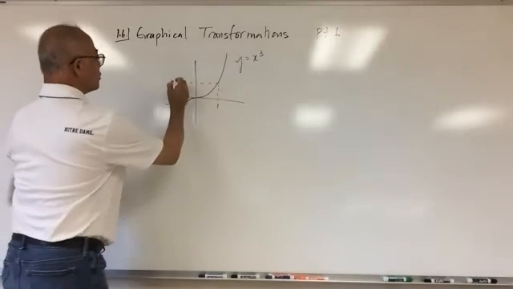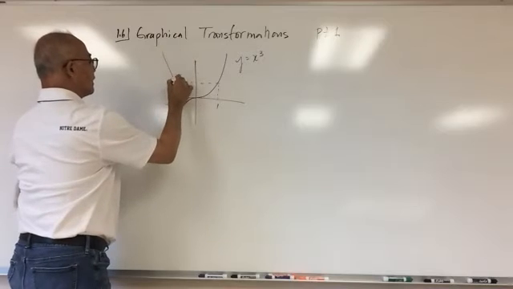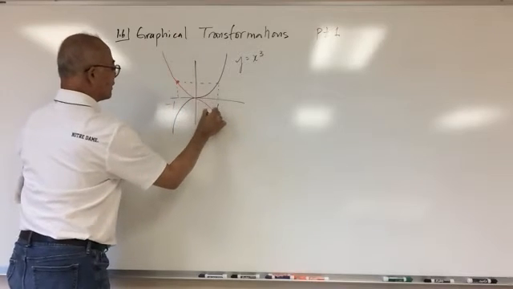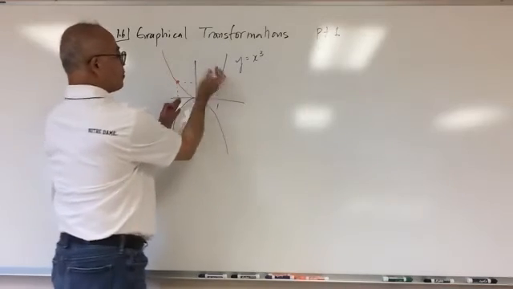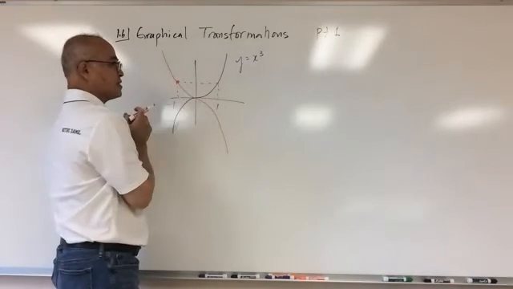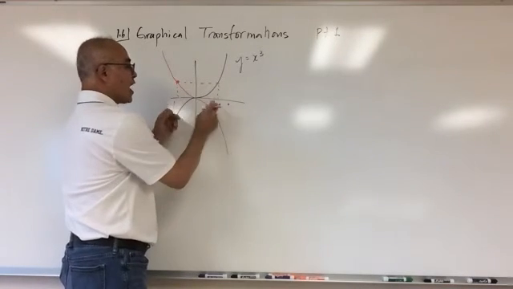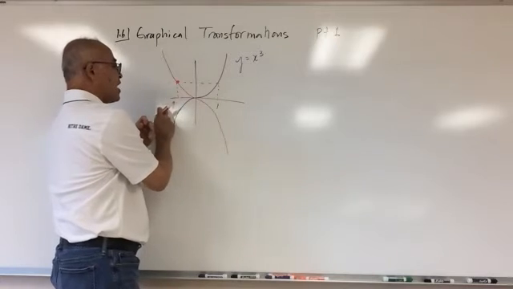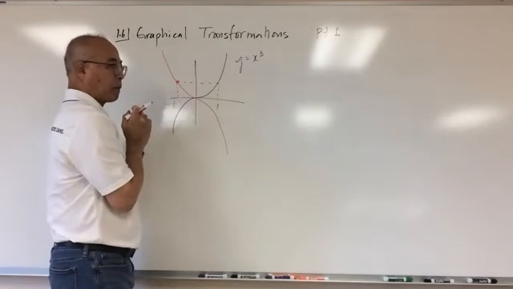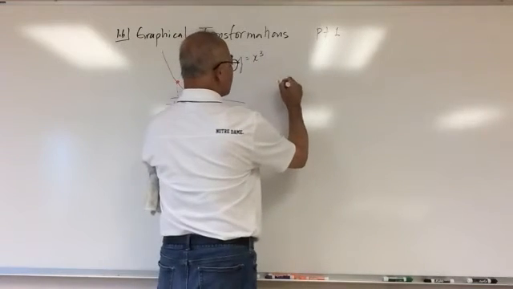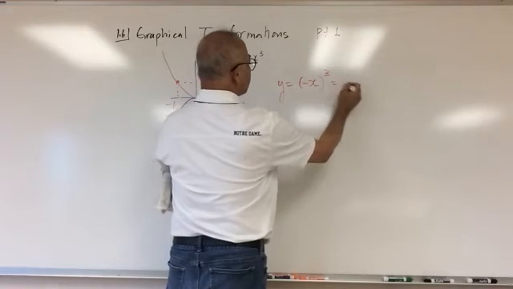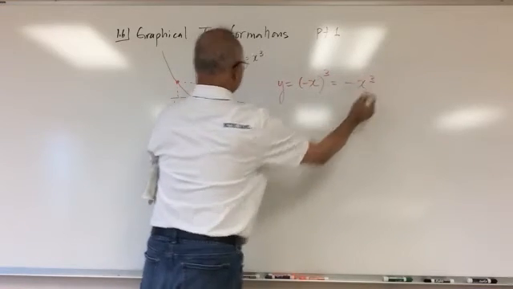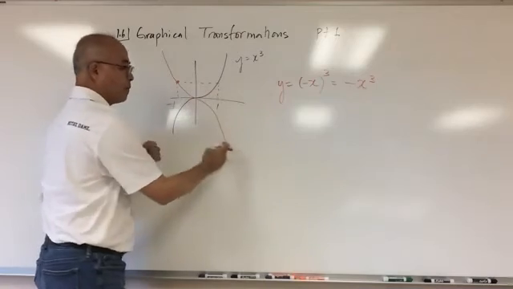Can you see that? If I reflect the purple across the y-axis, where x is, I'm going to put -x, which is this guy right here.